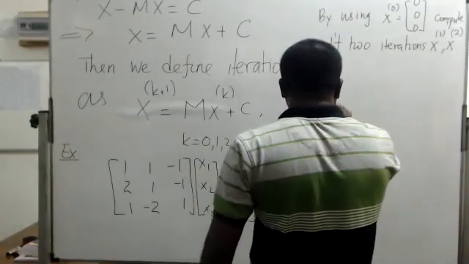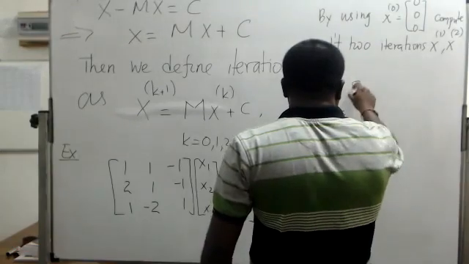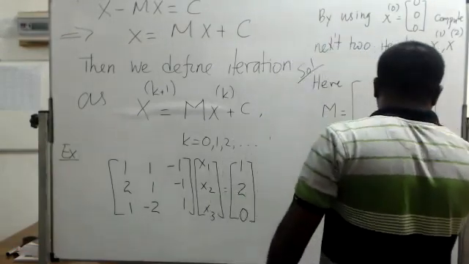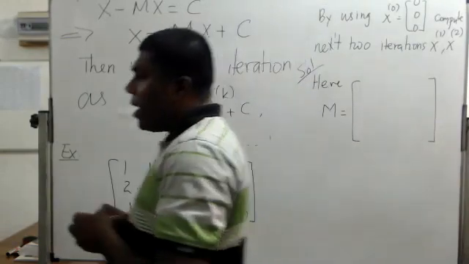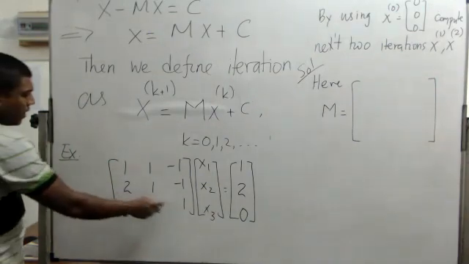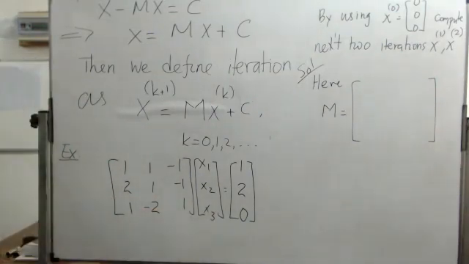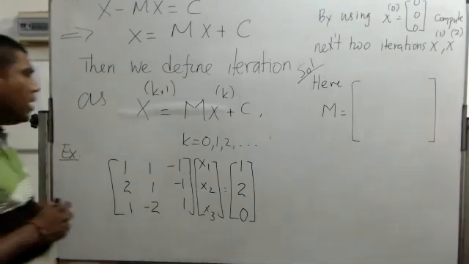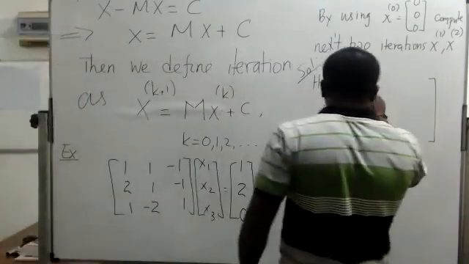Here you already have ones on the diagonal, so you don't need to divide anything. Here one, here one, here one. You don't need to do any division because it's all one. So you can immediately write this as A as I minus M. If you write A as I minus M, you can easily see what your M is.